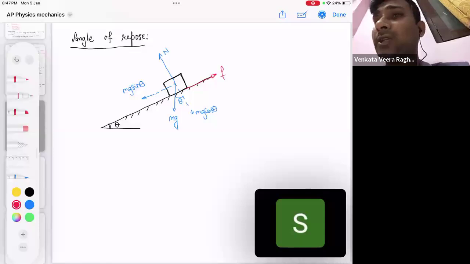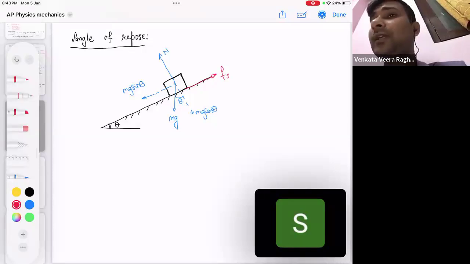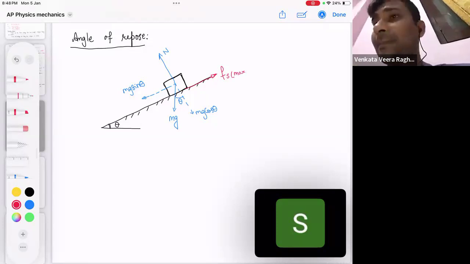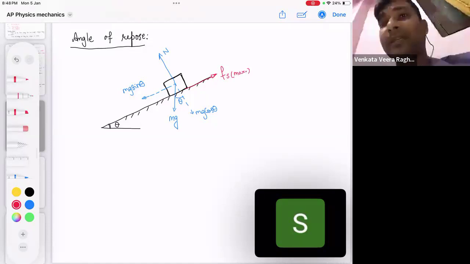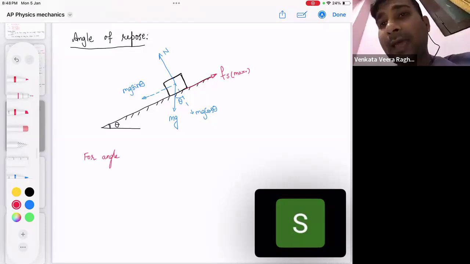Understood? So, Fs. Can I say that for the angle of repose, this Fs has reached its maximum value? Please tell me. So why is this angle of repose helpful for calculation? You will see it in a question.